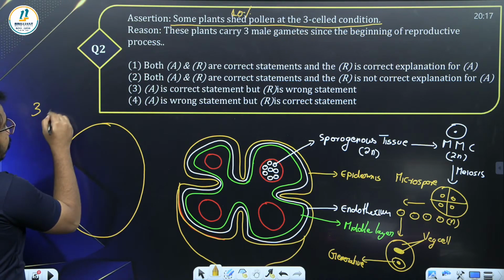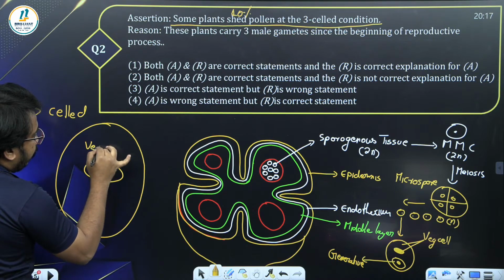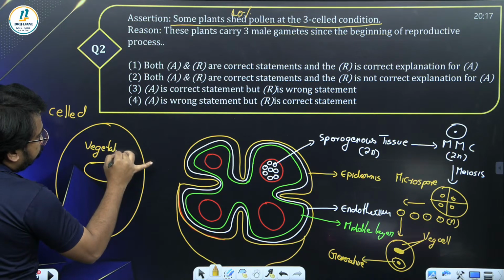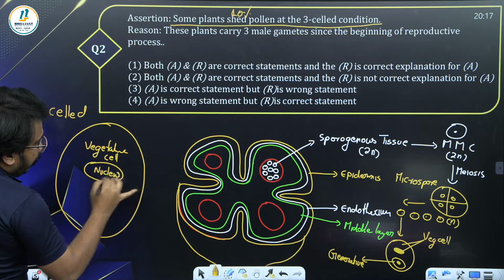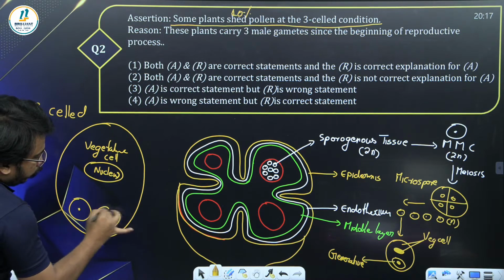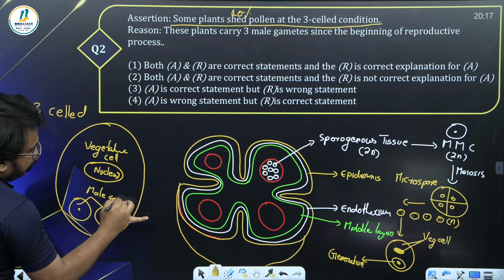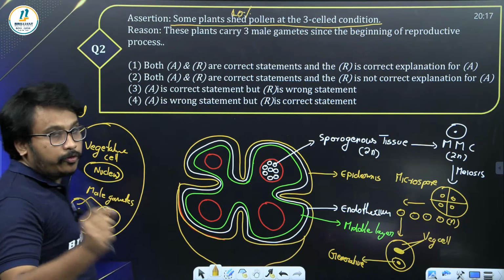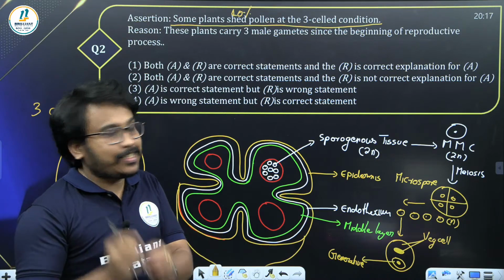So the 3-celled stage will be having a vegetative cell and its nucleus. In the cytoplasm of the vegetative cell, 2 male gametes will be floating. So in 40% of angiosperms, the pollens are shed in 3-celled stage.